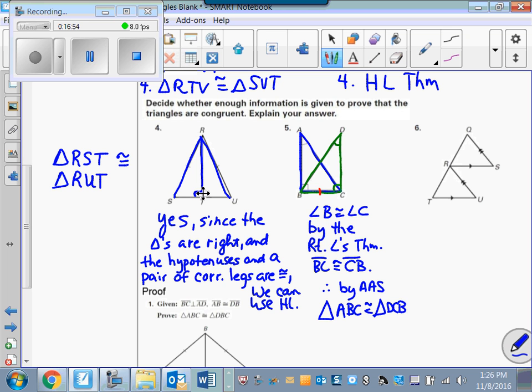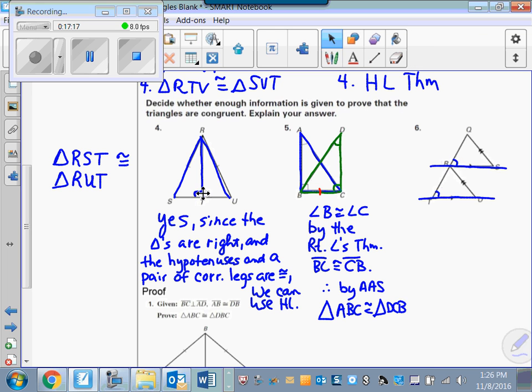All right. How about these two? Let's see. I don't have anything given to me congruent, but I do have some parallel lines. So let's see. I could say this angle is congruent to this angle, right? If these are my parallel lines, and DT would be my transversal. Those would be corresponding angles.